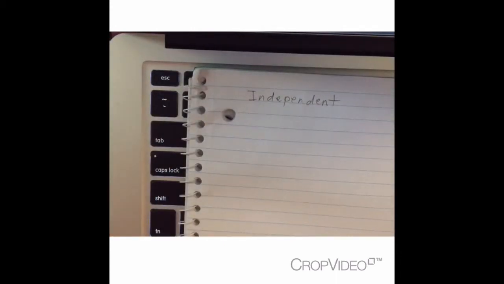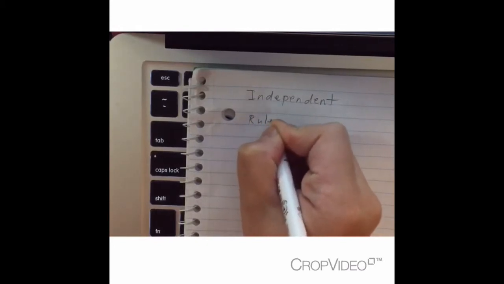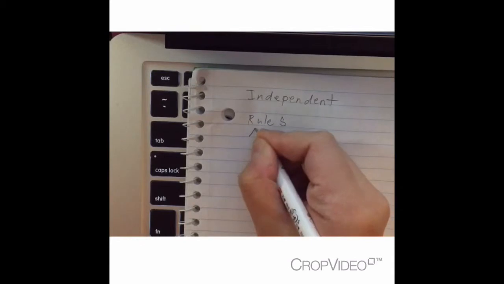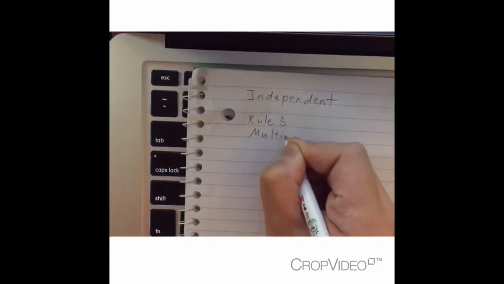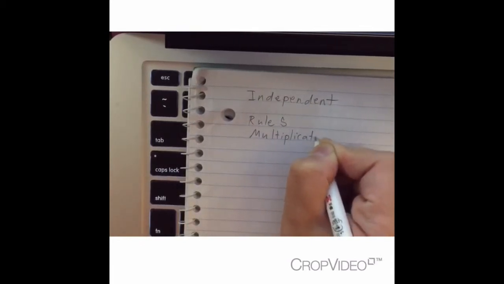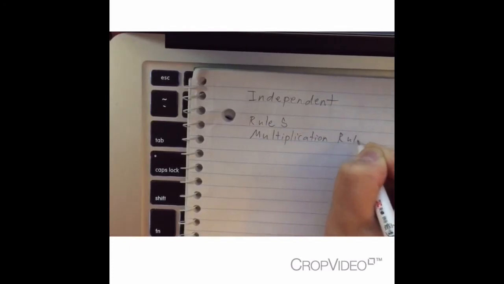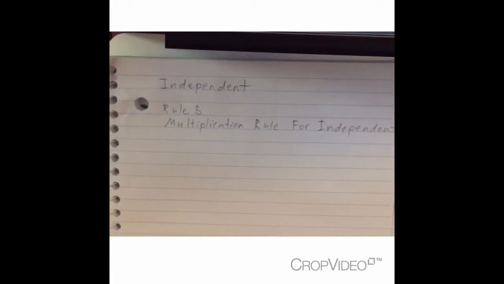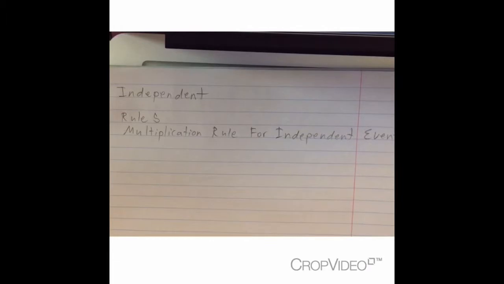Well, according to rule number 5, it's called the multiplication rule for independent events. Rule number 5, multiplication rule for independent events.